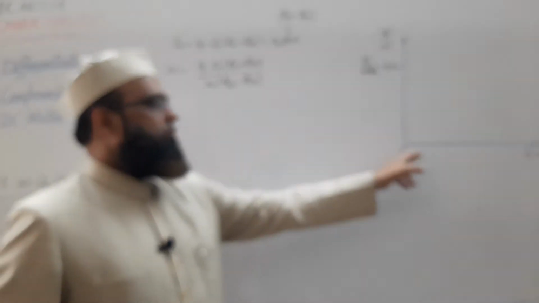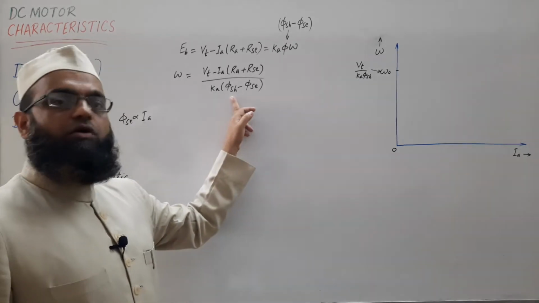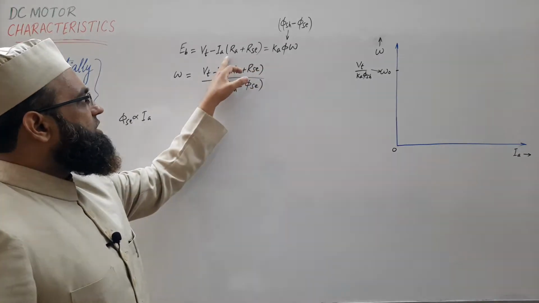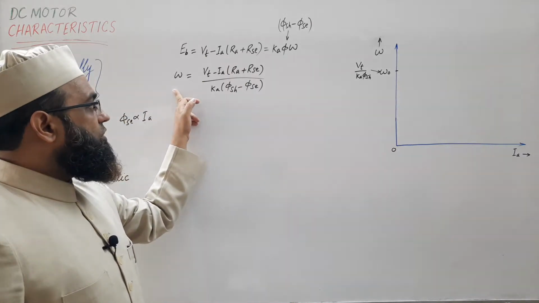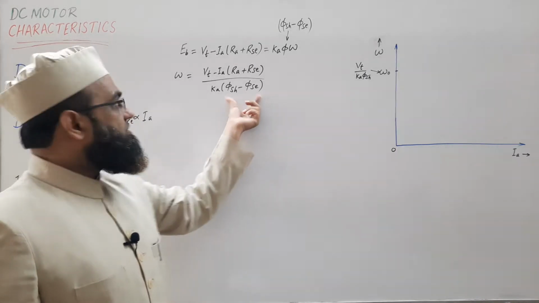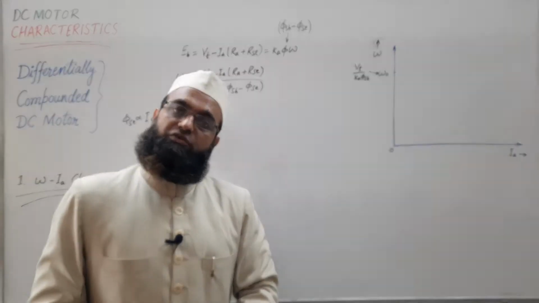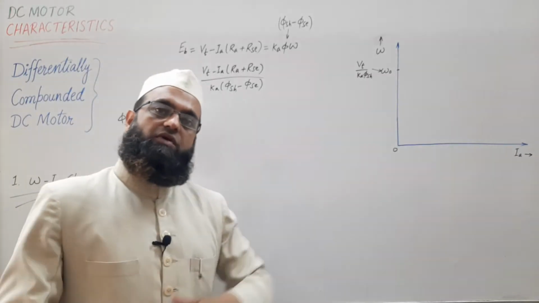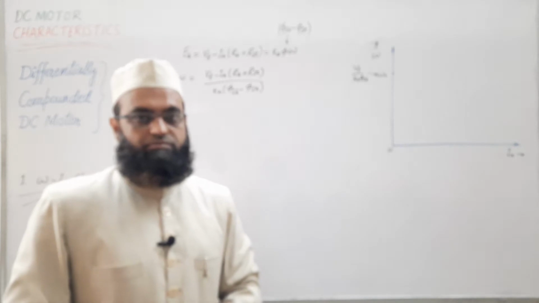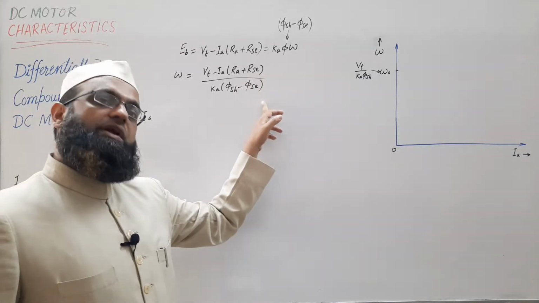So far we have seen that the impact of increasing Ia from 0 is decreasing on the numerator and decreasing on the denominator also. Once the numerator tries to decrease, speed tries to decrease. At the same time, once the denominator tries to decrease, speed tries to increase. So what will be the overall impact on speed? The numerator is trying to decrease speed, the denominator is trying to increase the speed.